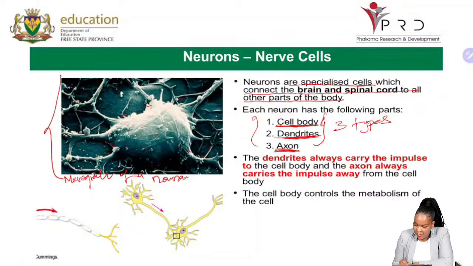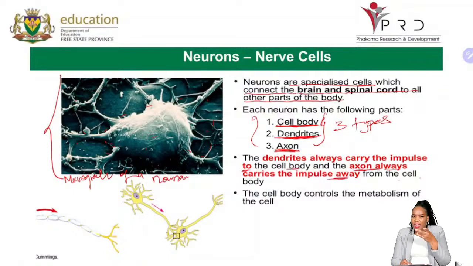Right. The dendrites always carry impulses to the cell body. So you must trace where the cell body is. The cell body is going to receive impulses from the dendrites. And the axon, also look where the axon is at. The axon always carries the impulses away from the cell body.